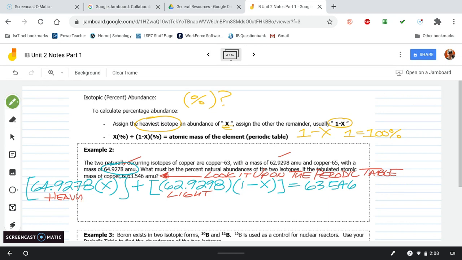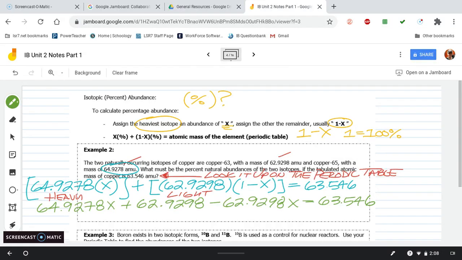So it's going to be 64.9278x plus 62.9298 minus 62.9298x equals 63.546. Okay, so now we need to simplify the x's, right?